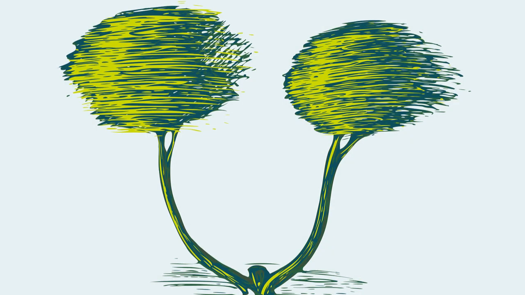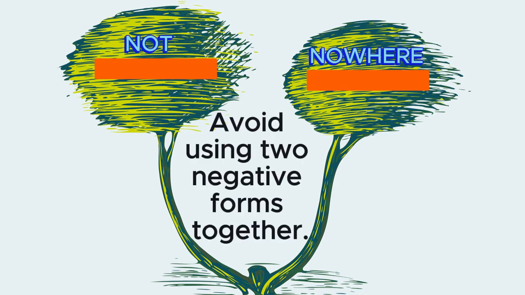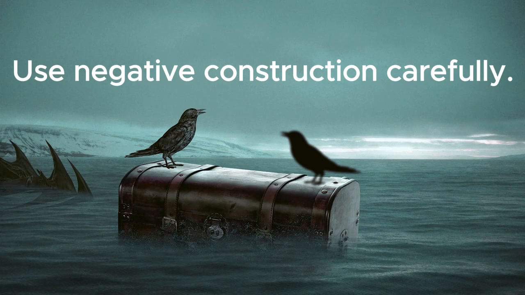Let's look at the standard English conventions associated with double negatives. Avoid using two negative forms together unless you intend to negate each other and create a positive meaning, which is rare and often context specific in formal settings. Use negative constructions carefully.